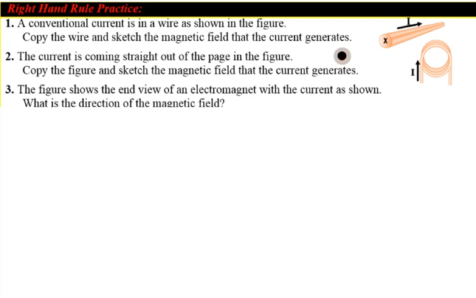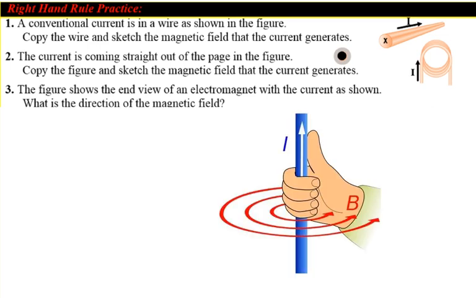The first one says the conventional current is in the wire as shown in the figure. Copy the wire and sketch the magnetic field that the current generates. In this case, I have this type of right-hand rule, and if the current I is going away from me, then if I wrap my right hand around this wire, I'll see that the magnetic field is going to be in this direction.